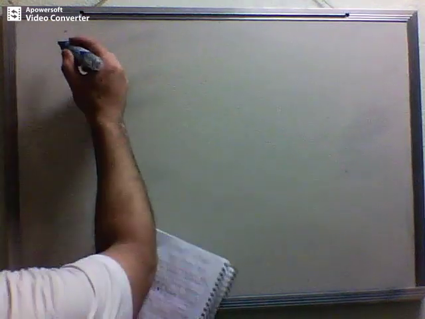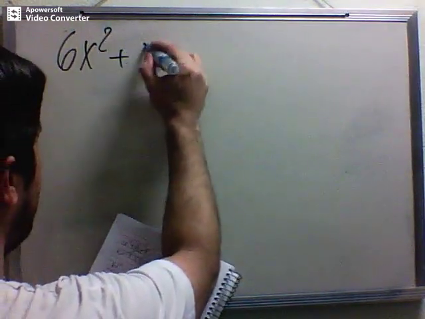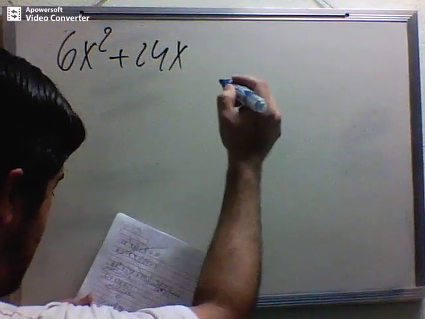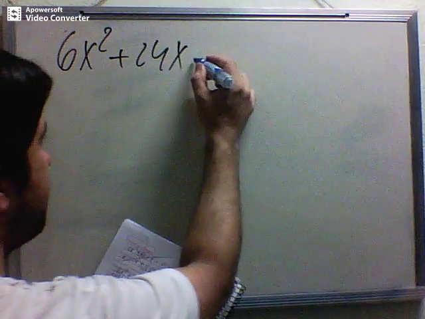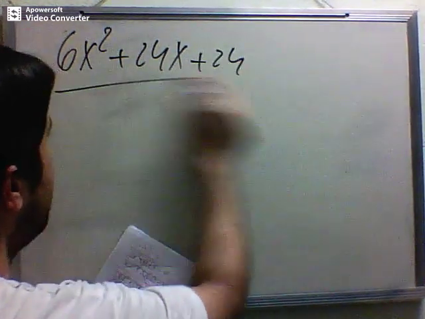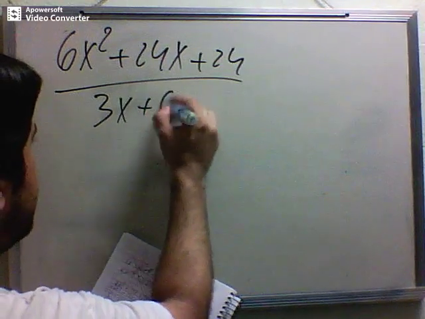At first, the exercise wanted us to calculate this: 6x squared plus 24x plus 24 divided by 3x plus 6.